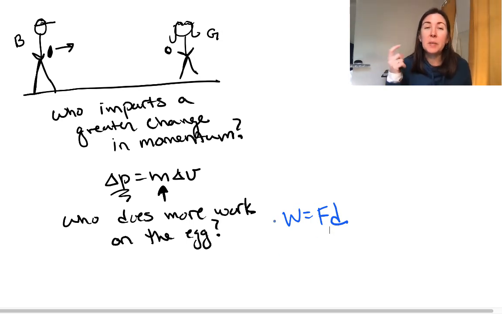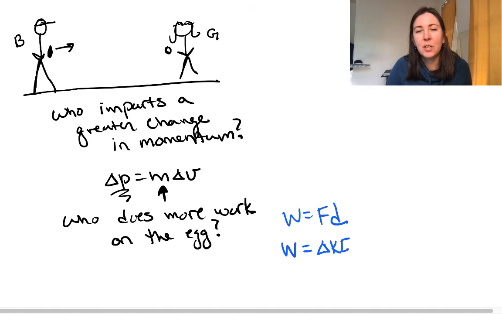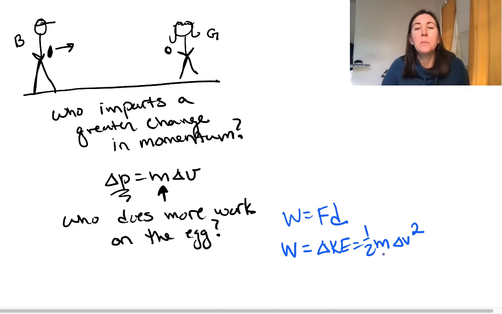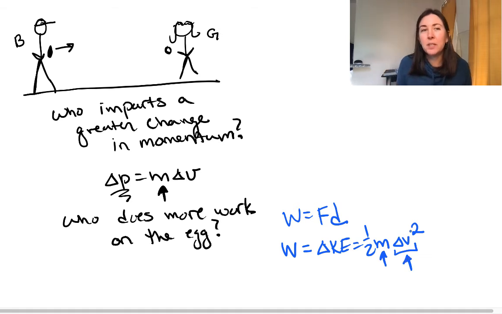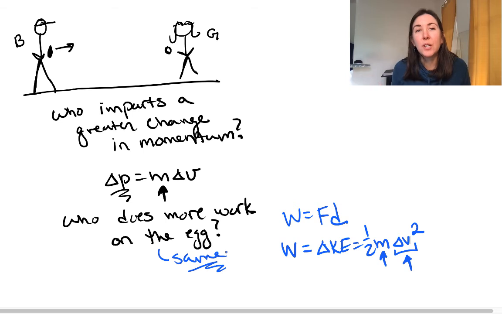But the key here isn't using this definition for work, but using the work kinetic energy theorem, where work is the change in kinetic energy, or 1/2 m change in velocity squared. And so if we think about work this way, well, both people, the mass of the egg is the same and the change in velocity of the egg will be the same. One person speeds it up, the other person slows it down. And so who does more work on the egg? They also do the same amount of work. So the impulse is the same and the work is the same.